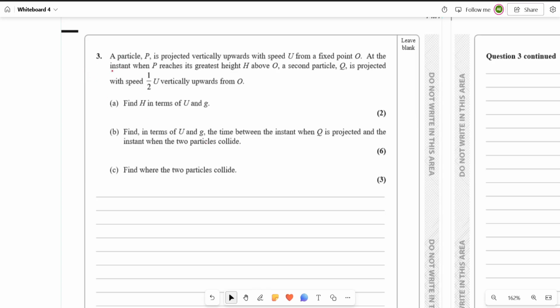The question says, a particle P is projected vertically upwards with a speed u from a fixed point O. At the instant when P reaches its greatest height h above O, a second particle is projected.